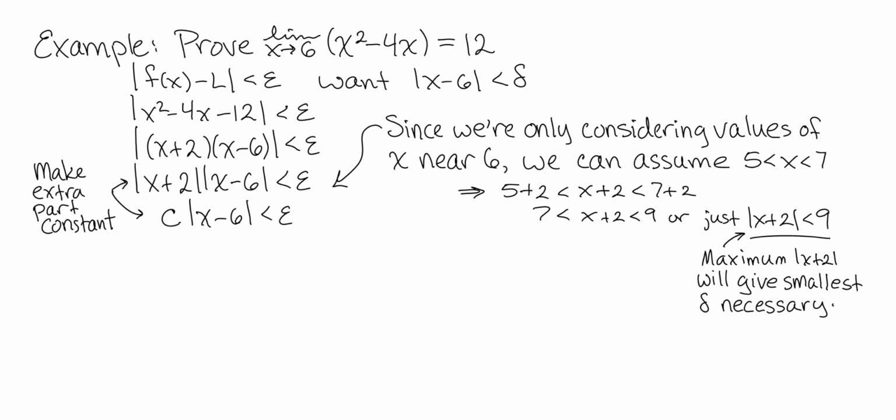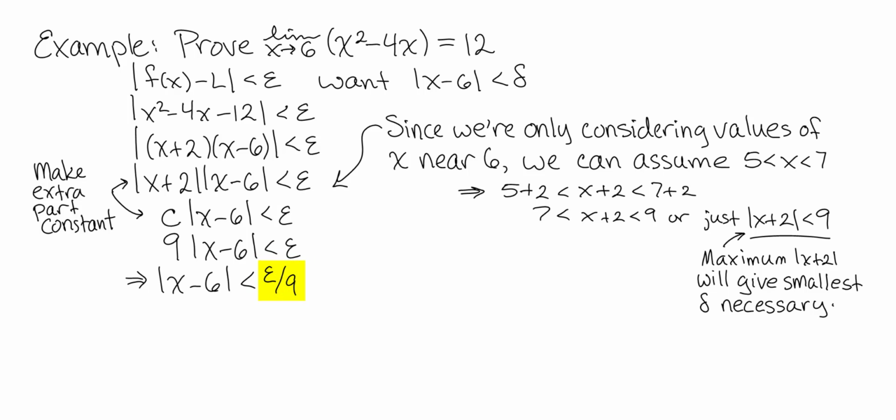Now, wait a minute. Didn't I say earlier that we want the smaller value of delta? Why are we picking the 9 instead of the 7? Isn't 7 smaller? 7 is smaller than 9, but let's see how we're going to use that 9. When we substitute in the 9 for our constant, we now have 9 times the absolute value of x minus 6 is less than epsilon. So when we divide both sides by 9, we have the absolute value of x minus 6 is less than epsilon over 9.